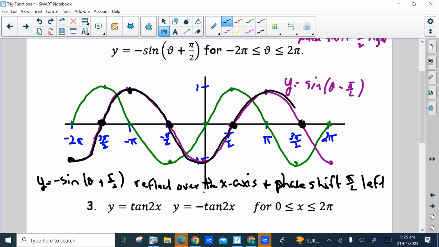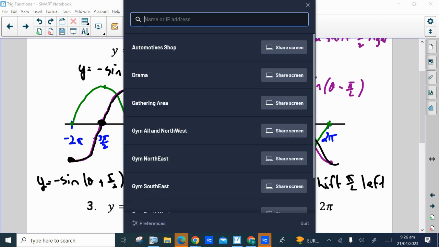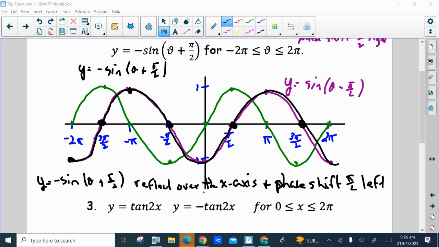It gives us the same graph. So this is also the graph of y equals negative sine of theta plus pi on 2. And obviously sometimes that'll happen.